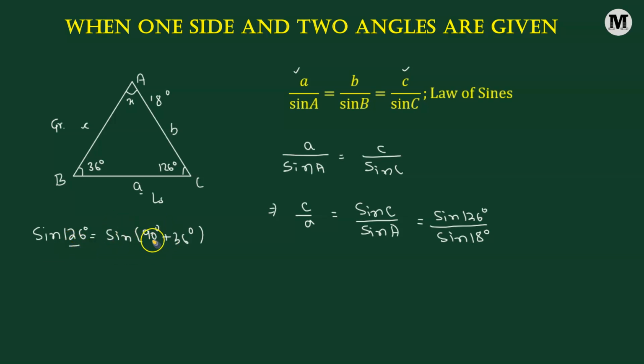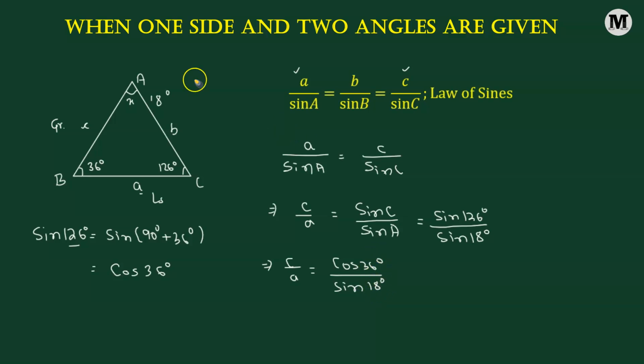But we have a reason for writing it in this fashion, because we know the sine of 90 degrees plus some angle theta is always going to be equal to cosine of angle theta. So here theta is 36 degrees. In other words, sine 126 degrees is going to be equal to cosine of 36 degrees. So what we have here is c over a equal to cosine of 36 degrees divided by sine of 18 degrees.